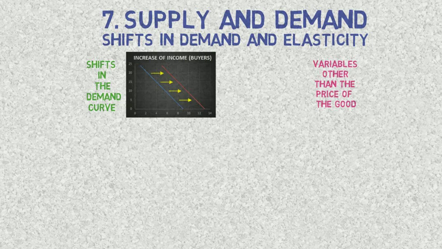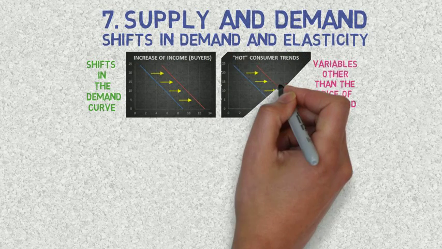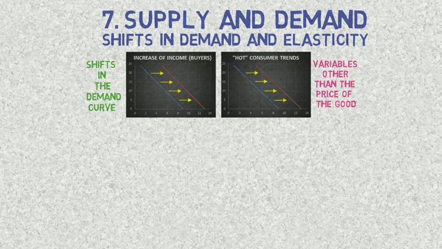Economists summarize the relationship between income and consumption with the income elasticity of demand. It corresponds to the percentage change in the demand for a good in response to a 1% change in income. If consumers of a given country start consuming more tea because it has become a synonym of a fancy habit, the demand curve shifts to the right.